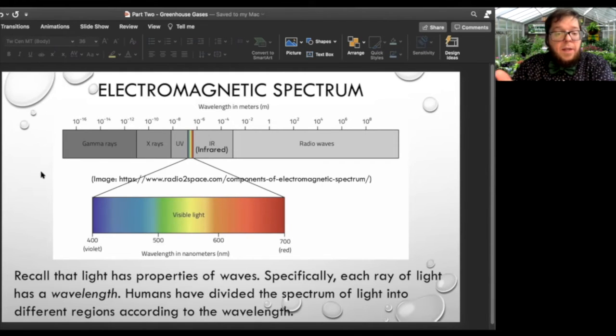So we have gamma rays, highly energetic, which we don't encounter much on Earth. X-rays, which we mostly encounter in a medical setting. Ultraviolet, which is present to some extent just from sunlight, although our atmosphere does a pretty good job of blocking most of the ultraviolet light, or at least the higher energy ultraviolet light.